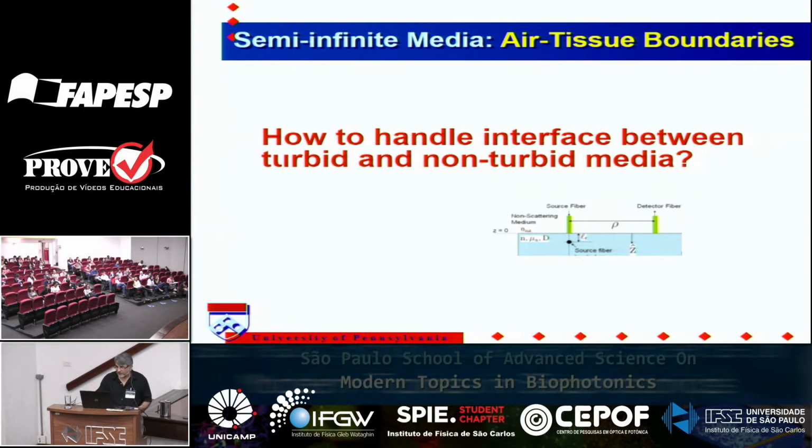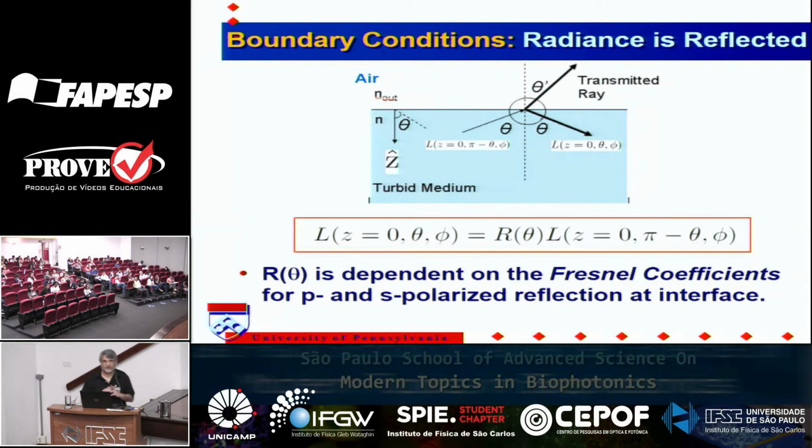And so again, I'm not going to go through the details too much, but I just want to make one physical comment. The key to solving this is to realize that the radiance that's reflected back into the medium is basically proportional to the radiance that's going to the surface.